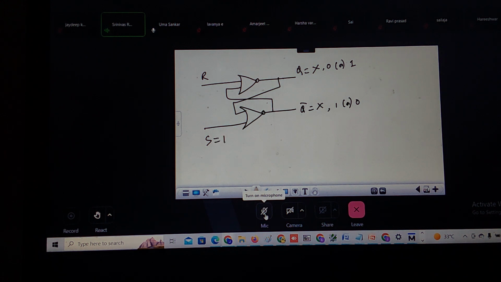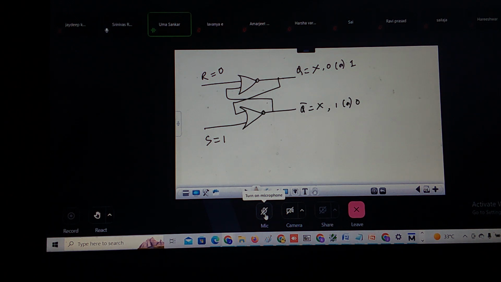Now I'm putting S is equal to 1 and R is equal to 0, not considering what Q and Q bar are. Sir, my question is, is it possible to analyze using S equal to 0? If we know that S equal to 1, we will get the output, so we came to know the Q and Q bar values.